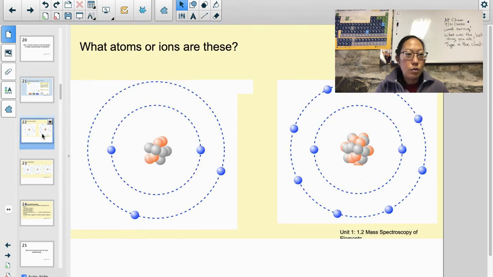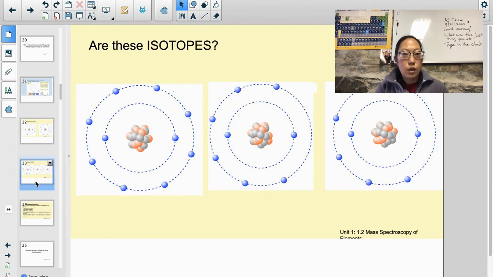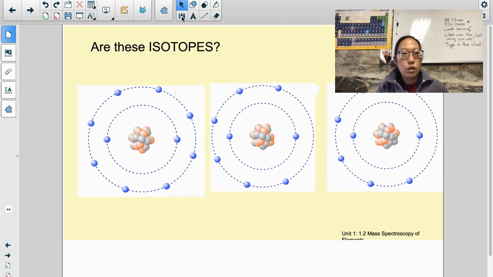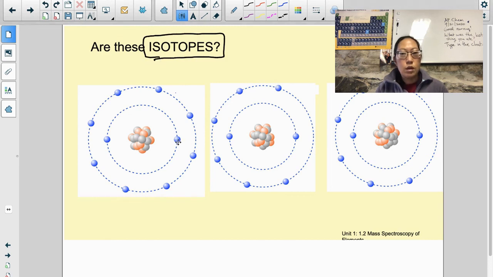So tomorrow we're going to be looking at these two atoms or ions, I'm not saying whether they're atoms or ions, as well as these, and trying to connect them to this word, isotopes. Okay, so trying to figure out if these are isotopes of a certain element. And if you want to review what that is, that'd be great.